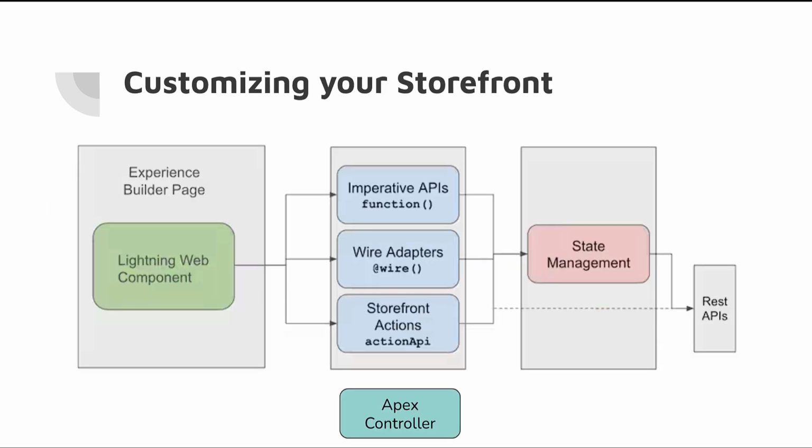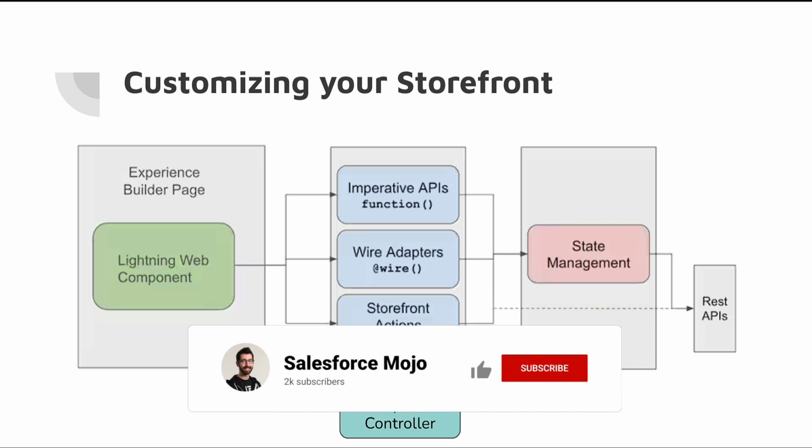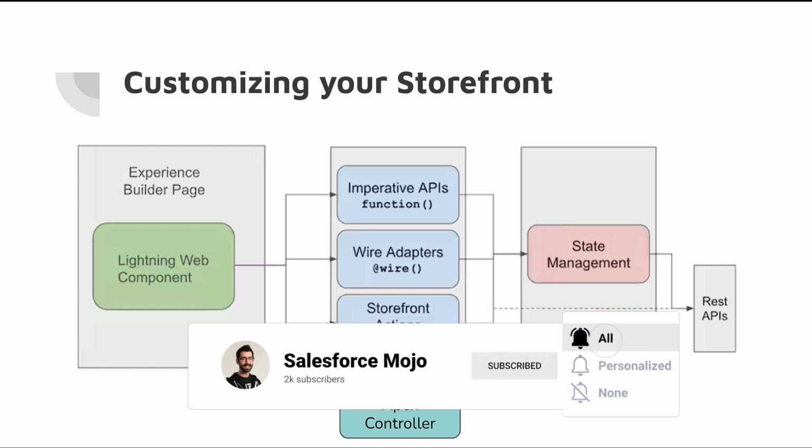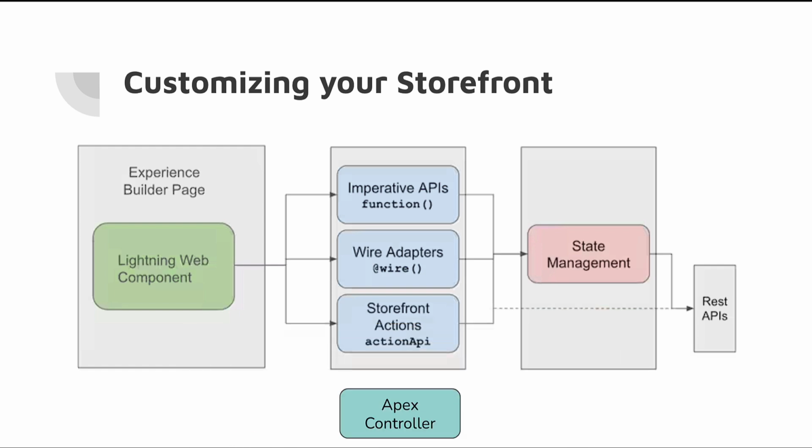Now, continuing down this line of thought, when you're customizing your storefront, you've got the options we just talked about, but the Storefront APIs is not just a single category. There's actually a couple of different categories inside of it. The first one we're going to talk about in a little bit is the imperative APIs. Then we'll talk about our wire adapters, our Storefront Actions, and as we mentioned, the Apex controller is an option here.